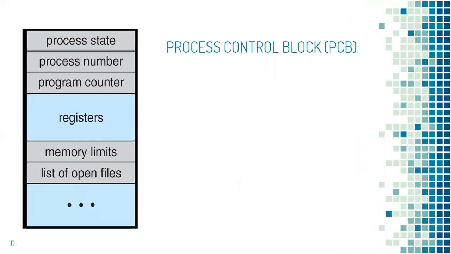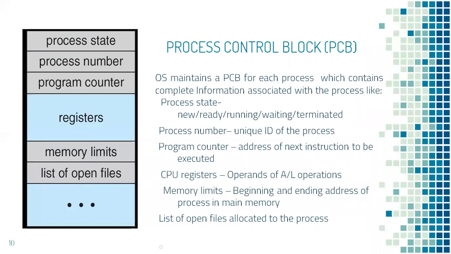This diagram shows a sample process control block. The process control block contains many pieces of information about the process, like process state, process number, program counter, CPU registers, memory limits, list of open files, etc. The process state indicates what is the current state of the process.